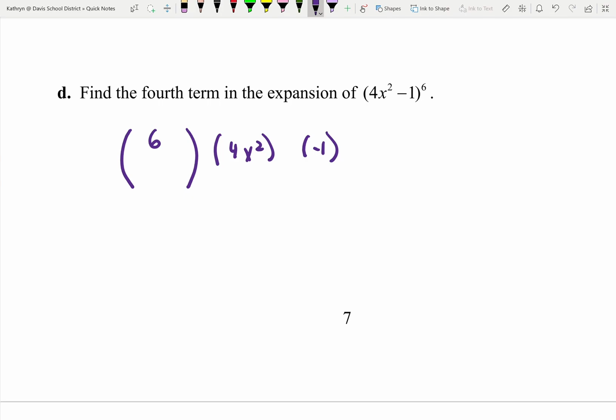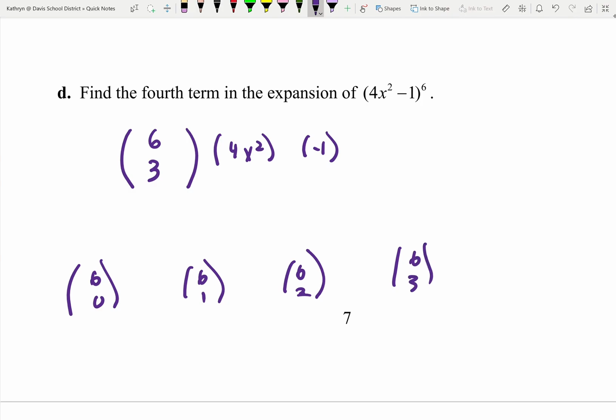The 4th term is going to be 6, 3. If you get confused about what that bottom number is supposed to be, write it out: first term, second term, third term, 4th term, that's my guy. Who cares? I just want you to get it right.